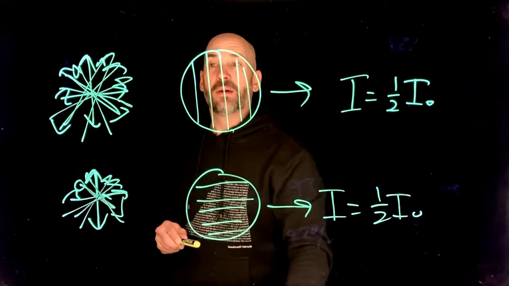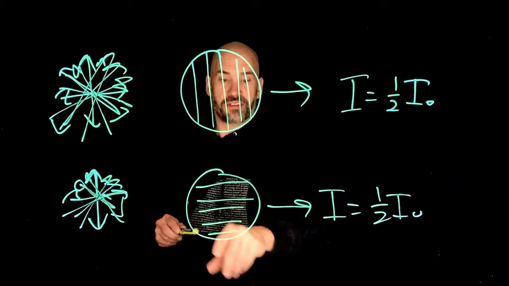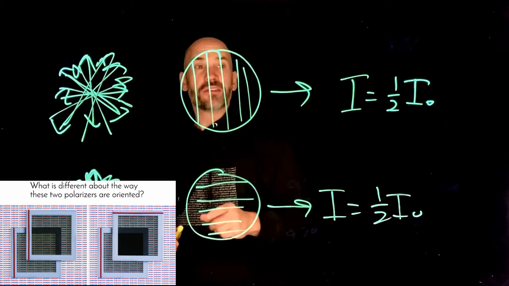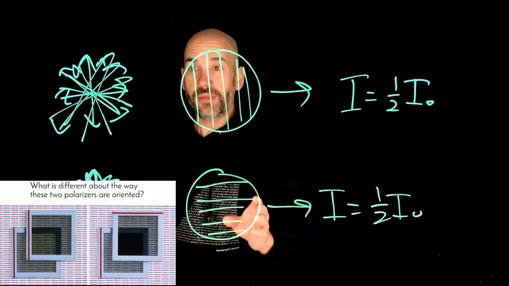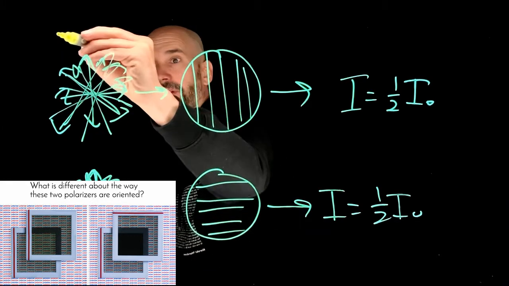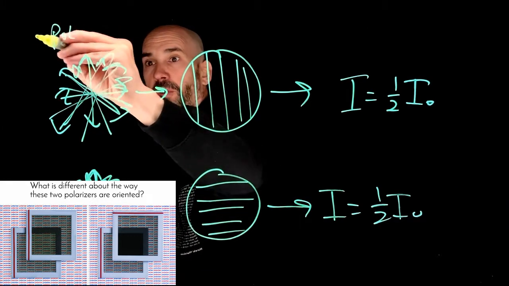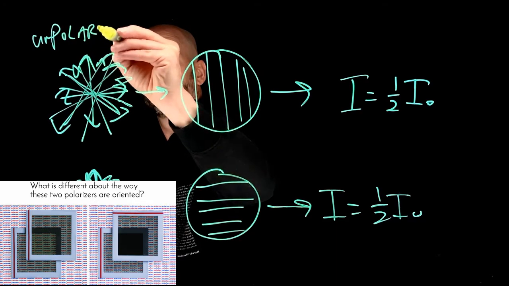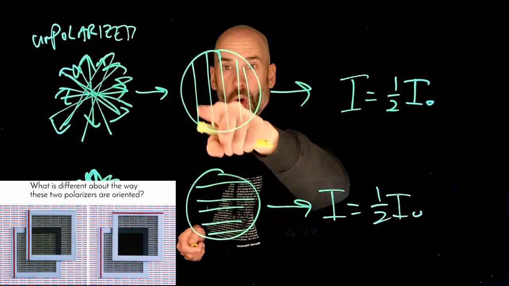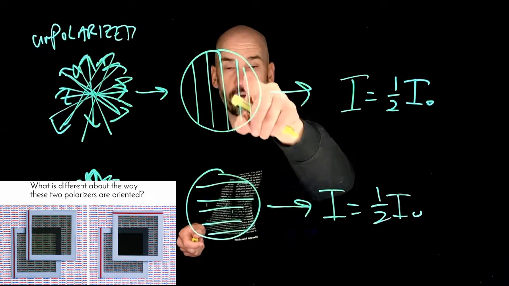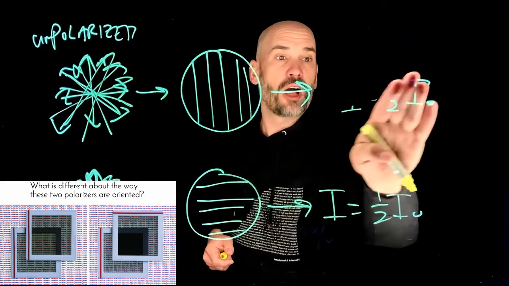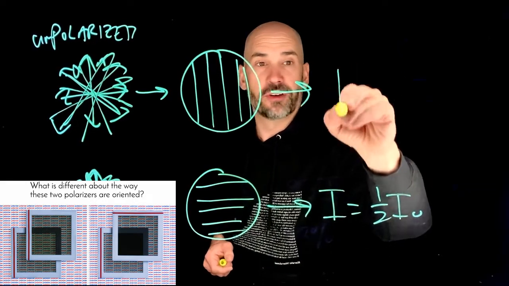Now, here's something interesting. You can go to the next slide here, it says, what is different about the way these two polarizers are oriented? So here's what's interesting. If we go from here to here, we're going from unpolarized light through one polarizer, which reduces the intensity by 1/2, and now coming out of here, we have perfectly polarized light.